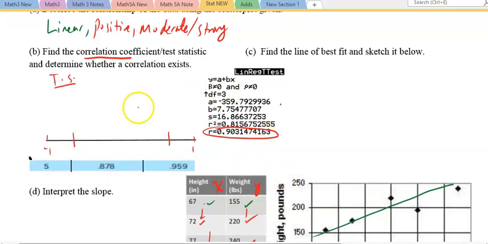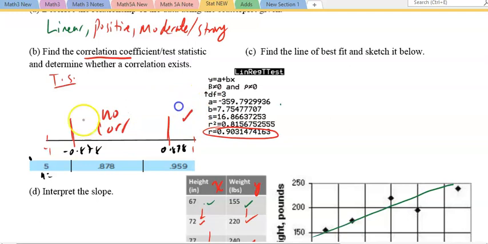Okay, there it is. So we're going to take n equal 5. Alpha is 0.878 and -0.878. Remember, this indicates no correlation. This is positive strong correlation, negative strong correlation. So when we look at this, we notice r of 0.9 falls in there. So there is a positive strong correlation, right? That is our conclusion.